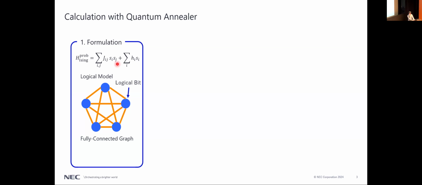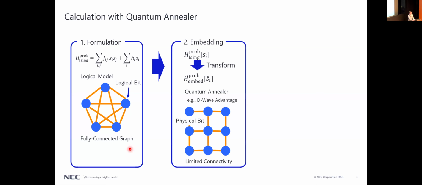This formulated model is called a logical model in this presentation, and the variables are called logical. In general, any two variables interact with each other, so ideally, we would like to have a quantum annealer with a fully connected graph where all variables are connected.